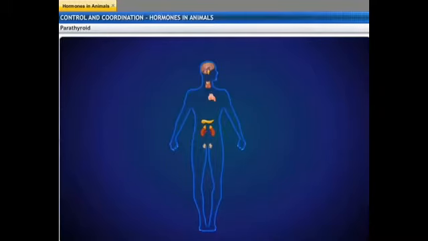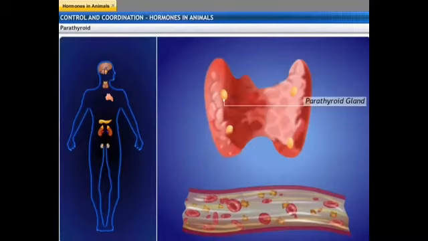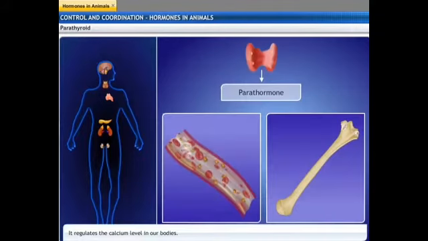Furthermore, the next is the parathyroid gland. These are the 4 lobes which are present inside the thyroid gland, and the hormone which it produces is said to be the parahormone or the parathormone. Well, it also has a huge role to play in our body, that is, it regulates the calcium levels in our body.